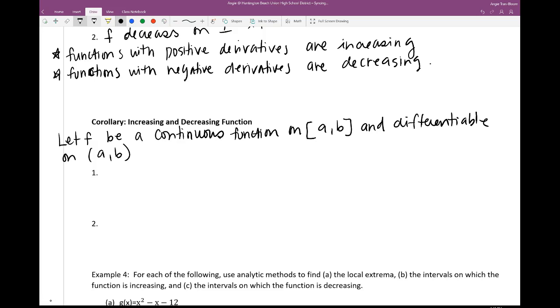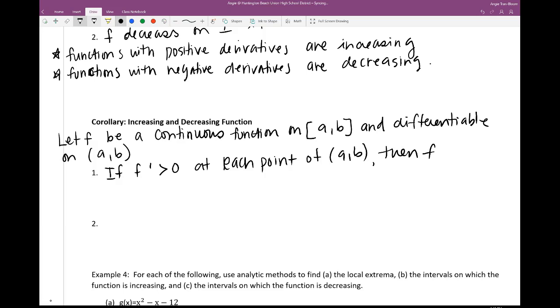Okay, if f prime is greater than 0, which is positive, at each point of open interval a to b, then f increases on a to b.